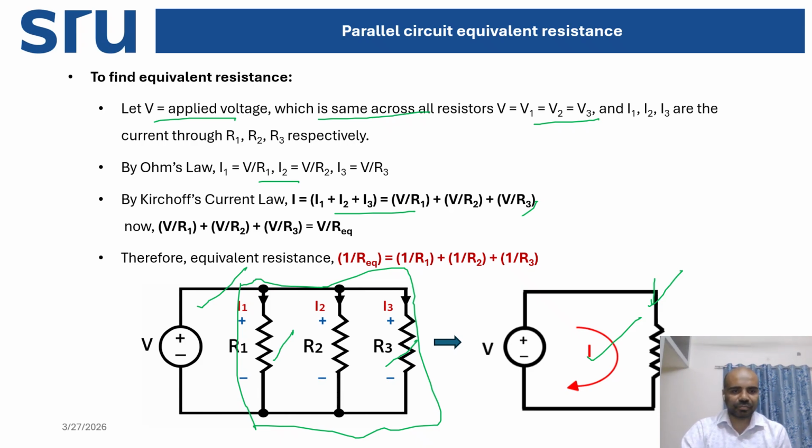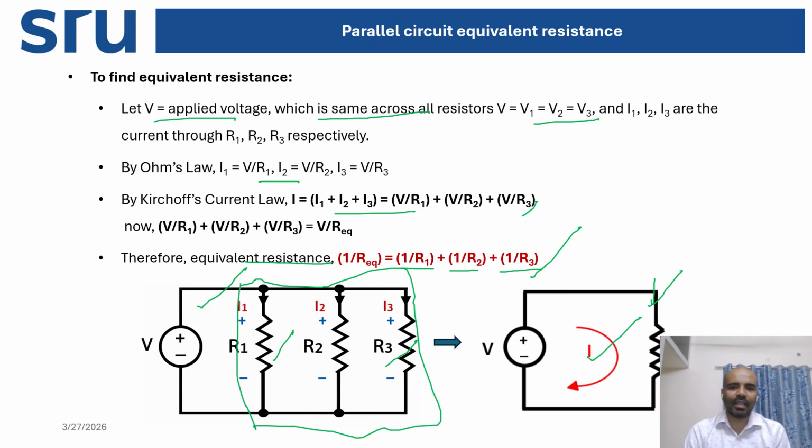Now you can easily calculate the equivalent resistance: 1 by R equivalent equals 1 by R1 plus 1 by R2 plus 1 by R3. You know that conductance equals 1 by resistance.